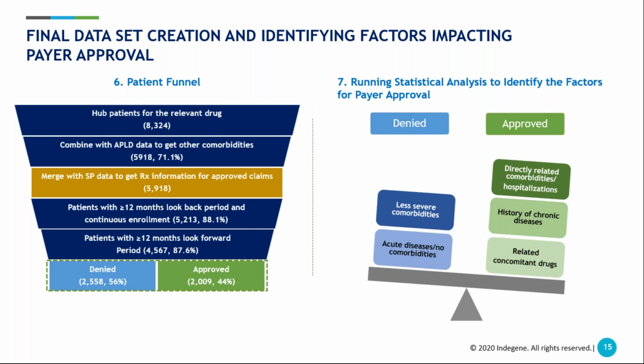This was a good additional insight from the data, and we shared it with our client so that they can use these data points as evidence for those payers and try to get their drug approved and get the formulary status.